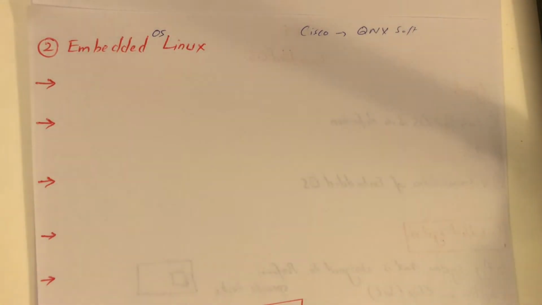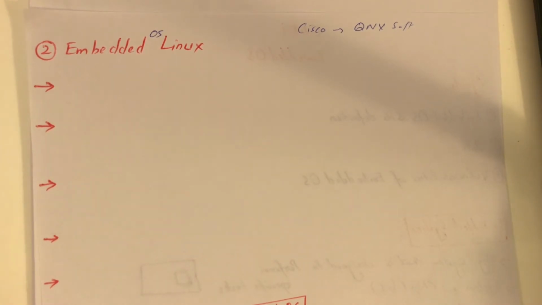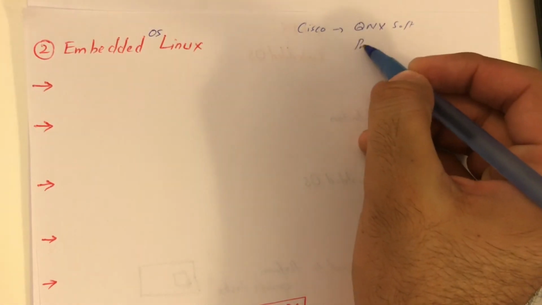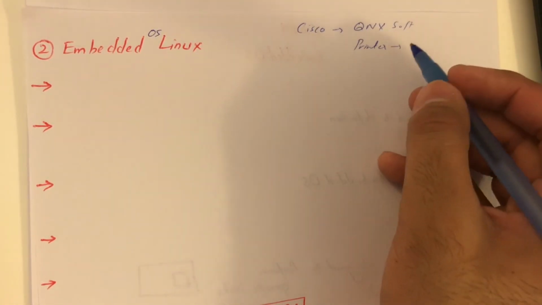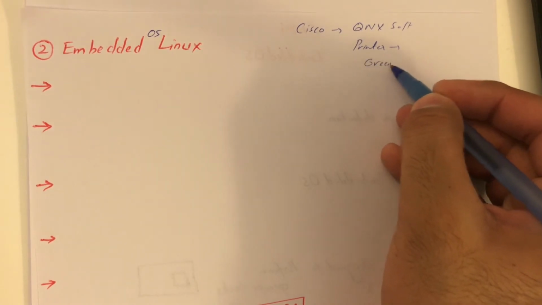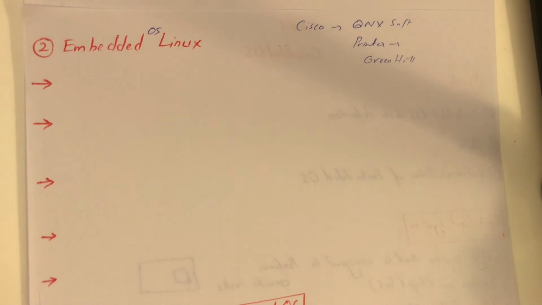Again, just like Windows 10 IoT, it basically empowers the Cisco devices. Some devices like printers also have an operating system, and most printers use Green Hills software. There are many examples like that.